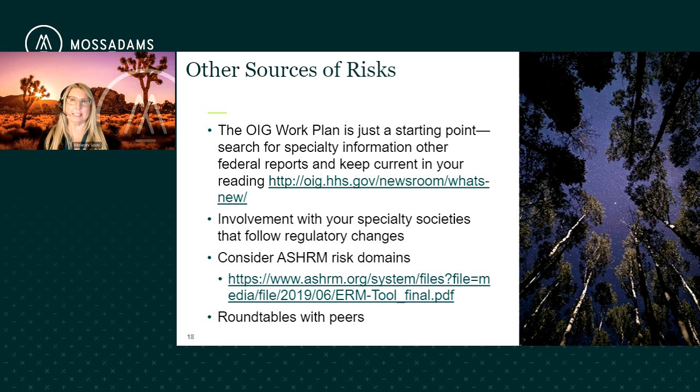Why that's important is that it's not just specific to federal healthcare compliance requirements, so what might fall under Stark or anti-kickback. There are also items that could touch finance. An example that comes to mind, and I hope I don't cause some trauma response with this, is provider relief funds. The OIG has some of those items on their work plan, and at least one report has been published already. So it's really good information for where we can think about where we have some risk as well.